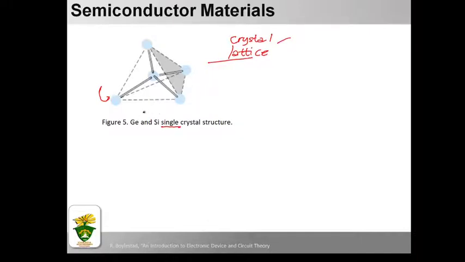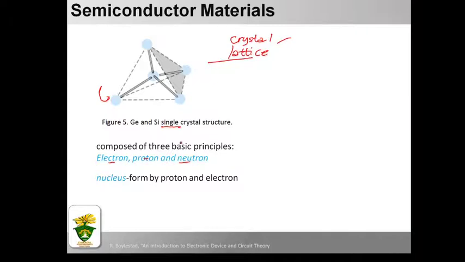So let us now examine the structure of the atom itself and note how it might affect the electrical characteristic of the material. As you are aware, the atom is composed of three basic particles: the electron, the proton, and the neutron. In the atomic lattice, the neutrons form the nucleus, while the electrons revolve around the nucleus in a fixed orbit.